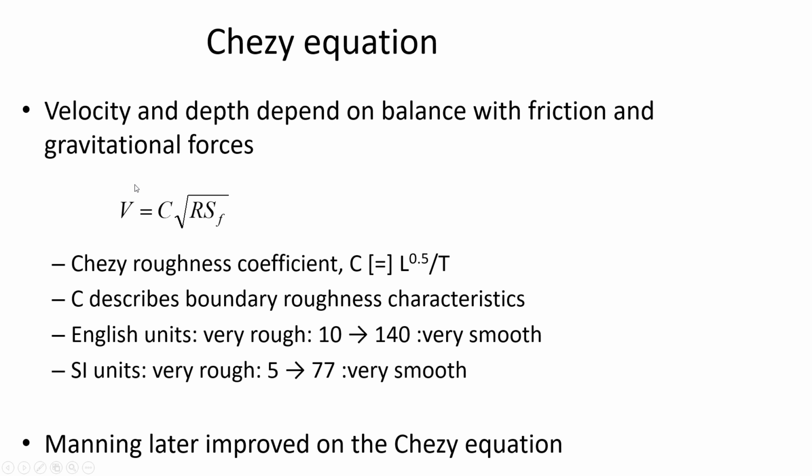So that was one of the first attempts, which came from observing a lot of different scenarios. It's kind of a curve fitting approach. By curve fitting, what I mean is you got a bunch of experimental data out in the real world, and then you came up with this fudge factor, C, that makes the right-hand side of the equation describe your intended target, which is the velocity.